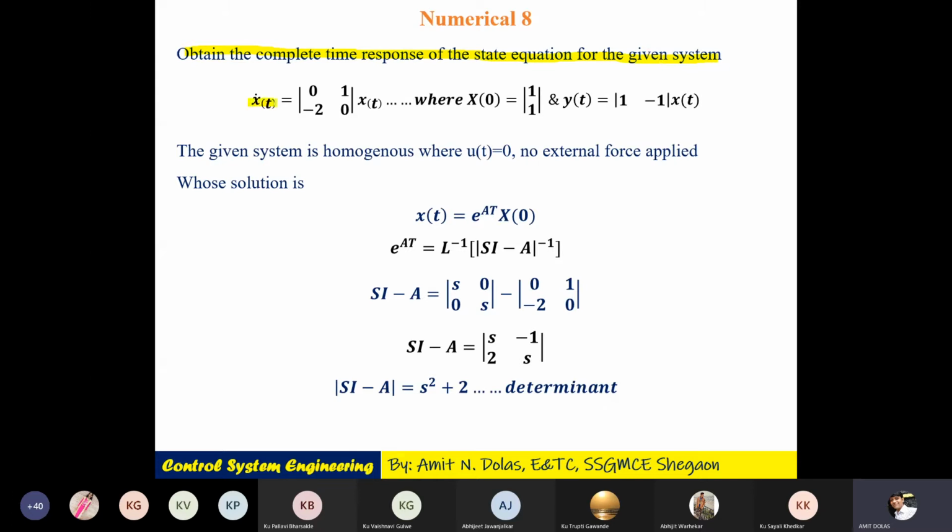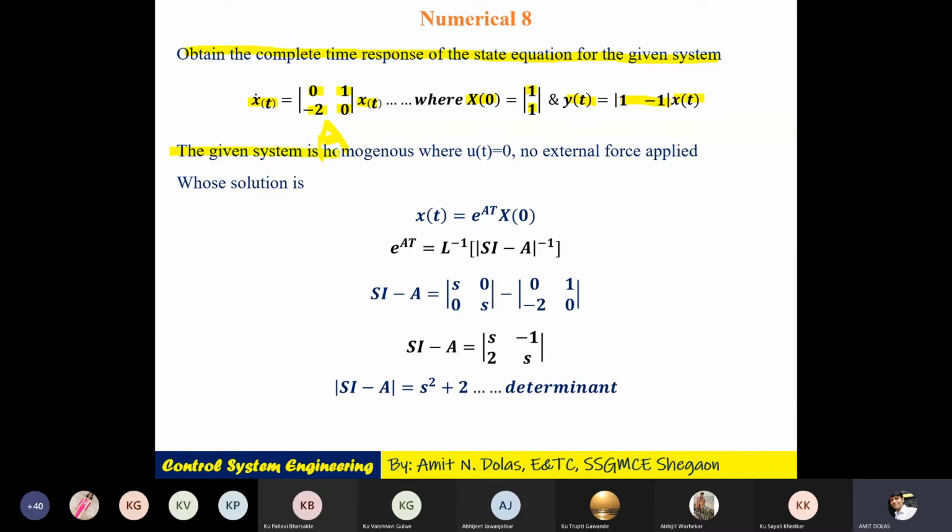We have a system where x dot of t is, A is 0, 1, minus 2, 0. This is the A matrix, of course. A matrix into x of t, where x of 0 is a 2 by 1 matrix having values 1, 1, and y of t is equal to this output vector into x of t.